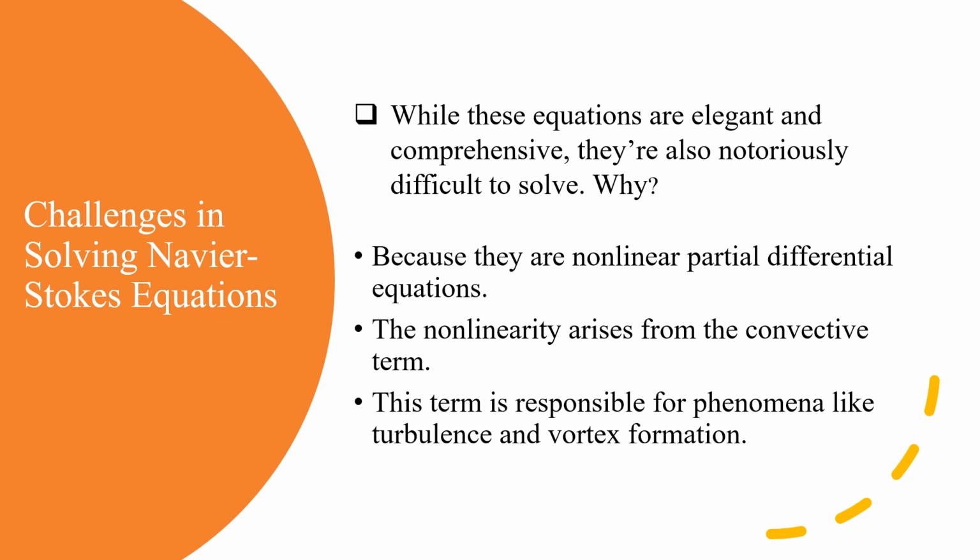These terms describe how the fluid velocity changes along its own path, making the equations incredibly sensitive to small changes in initial conditions. This is one of the main causes of turbulence, which leads to chaotic and unpredictable fluid behavior, like the formation of vortices.